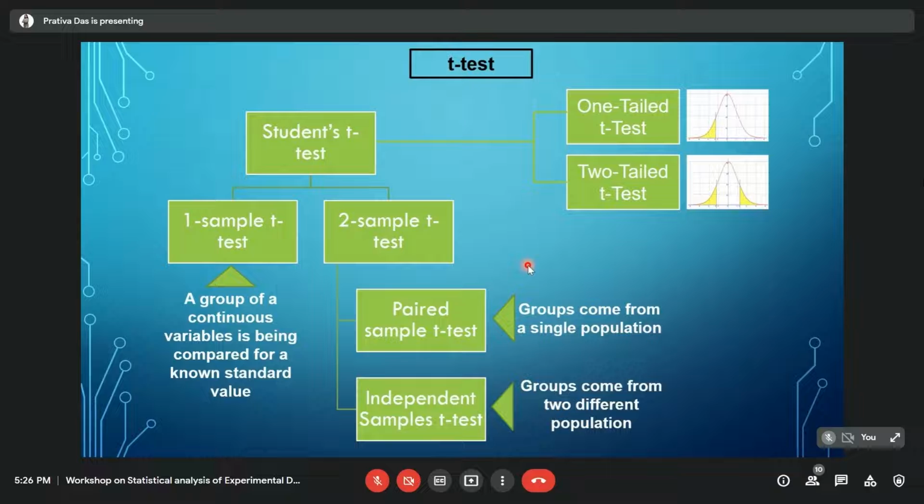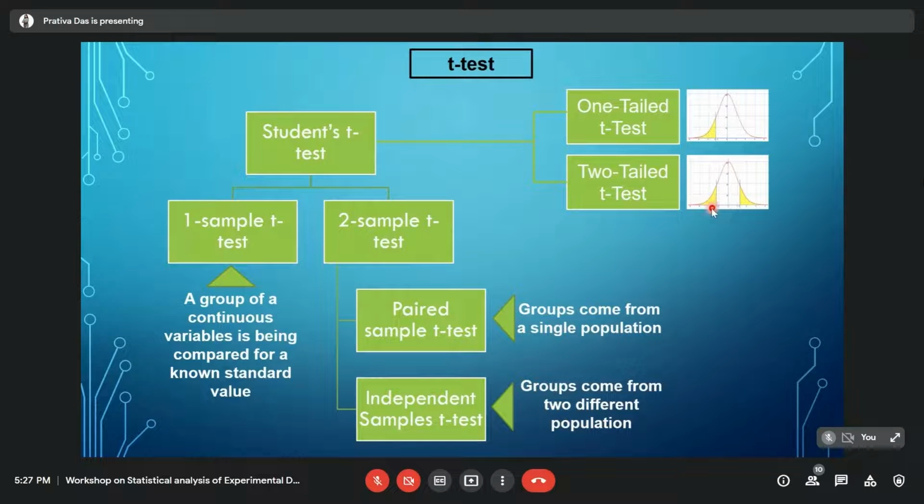In that case, you need to run a two-tailed test. A two-tailed test means that you are checking if the claimed value is actually real or not. Is the actual value higher than the claimed value or lower than the claimed value? So the two-tailed test is run in both directions.